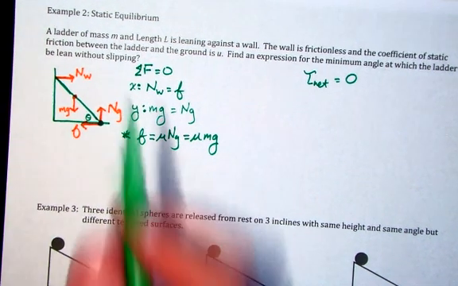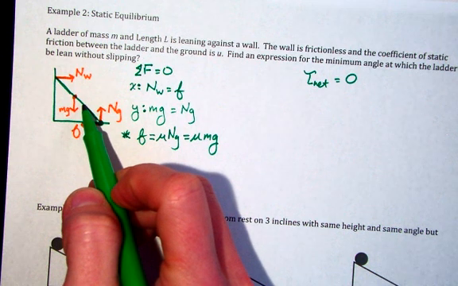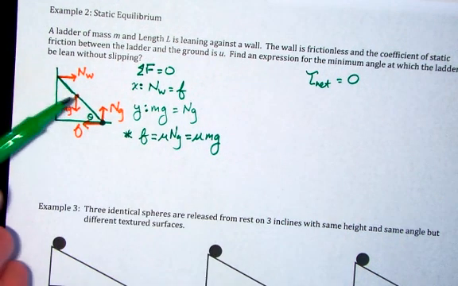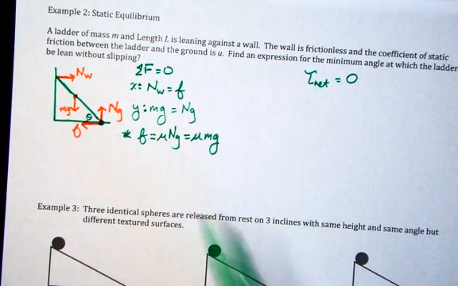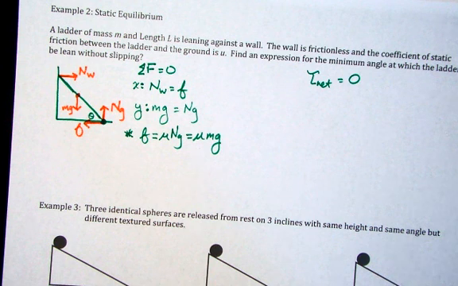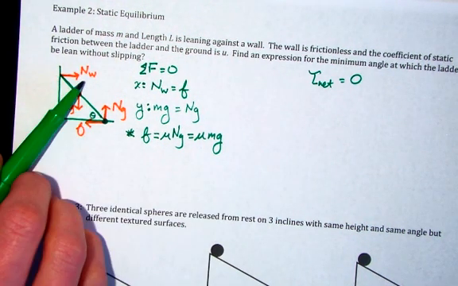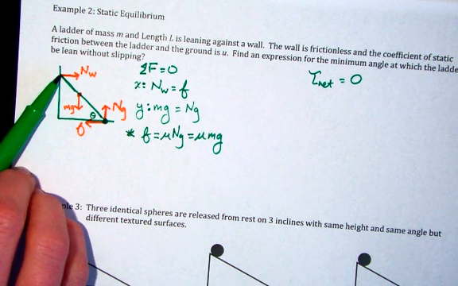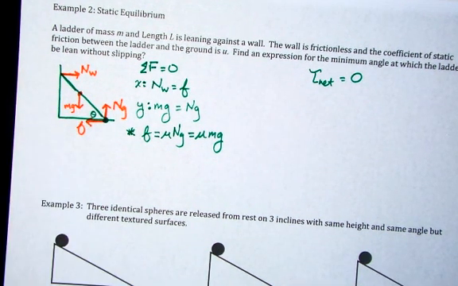Now, if I pick the pivot point to be here, then I would be using all 4 forces. If I pick the pivot point to be right on the weight force, then I would have 3 terms for the net torque formula. Do you see what I mean? If I picked it here, that would eliminate this. The torque caused by the normal force would be 0, so I would just have to add up these 3 torque values.